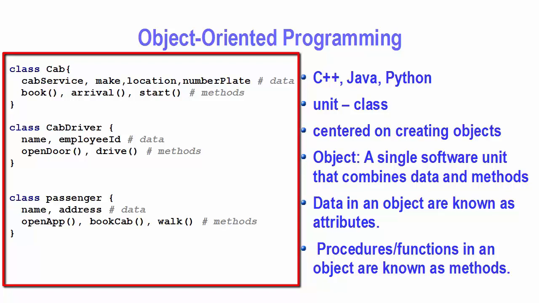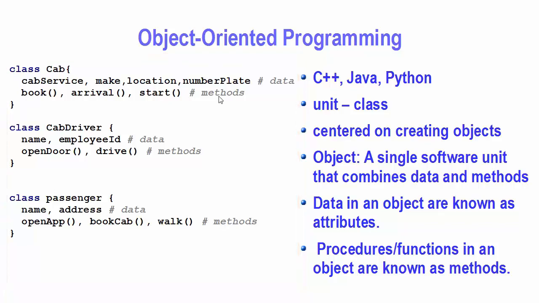So don't worry if you don't understand how these things work. I will give you a real life example so you will be able to understand in a better way. Now what is an object? An object is a software unit that combines data and methods. So we have this data here and then we have the methods inside the class, and an object is able to combine both of them, which is data with the methods.